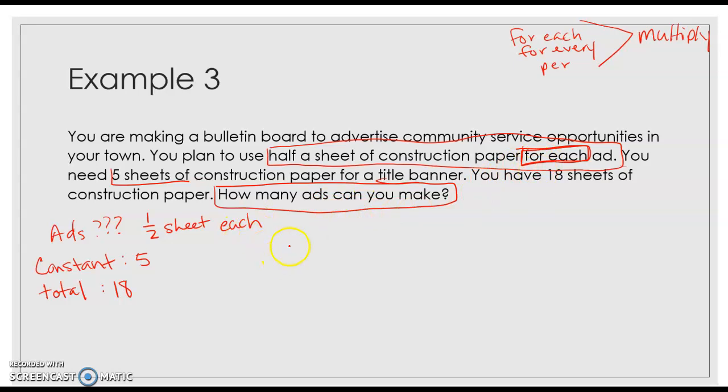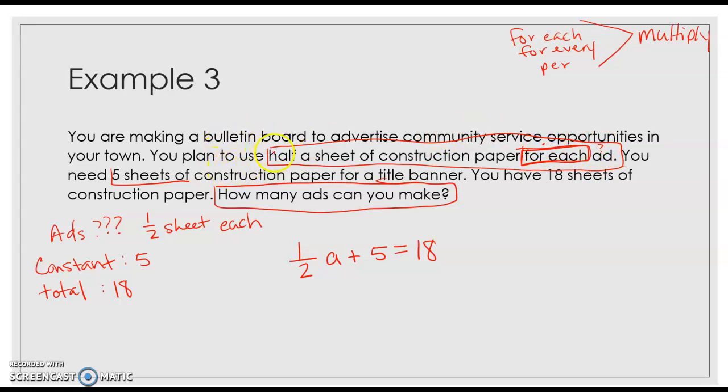All right. So I know that it's half a sheet for each ad. So that would be 1/2 A plus the fact that I'm already using 5 sheets out of my total of 18 sheets. That's how we set up the equation. So that for each automatically tells us that we are multiplying with our unknown, right?